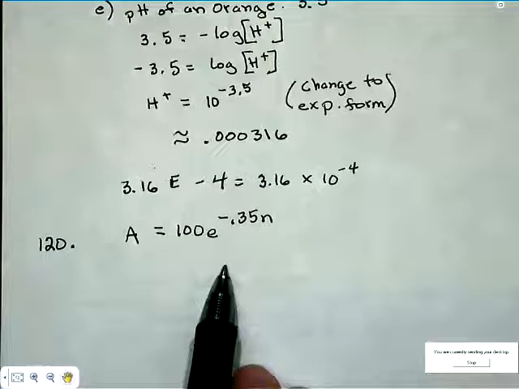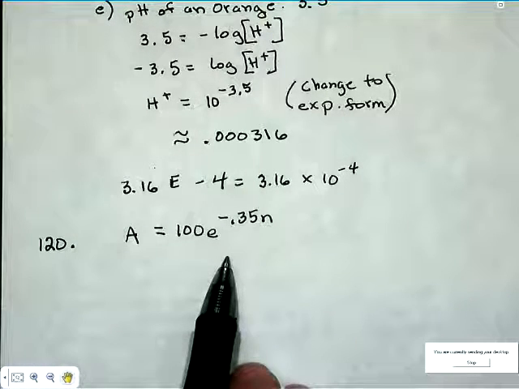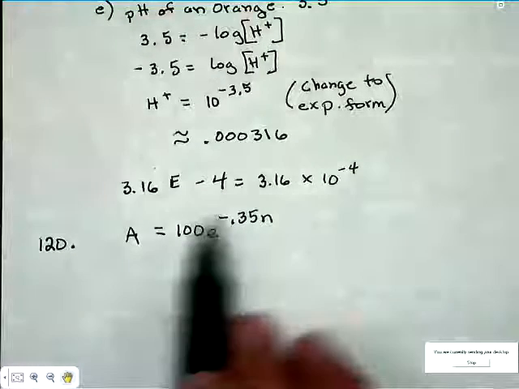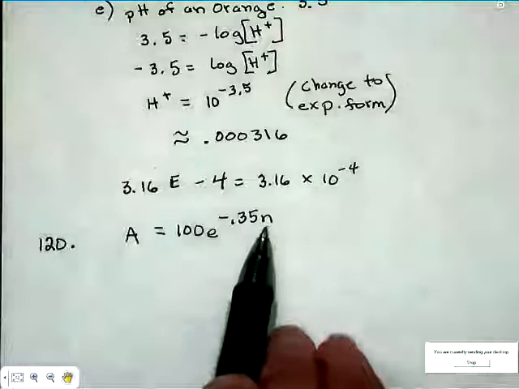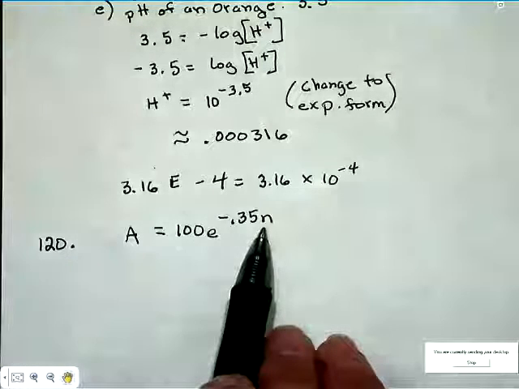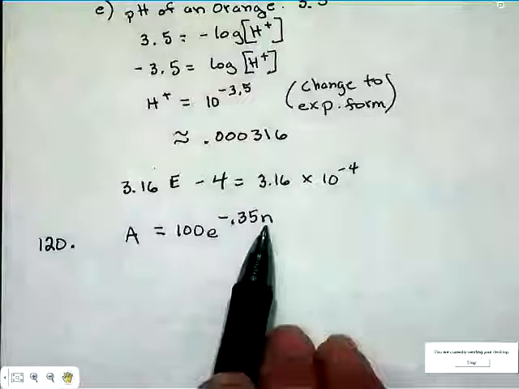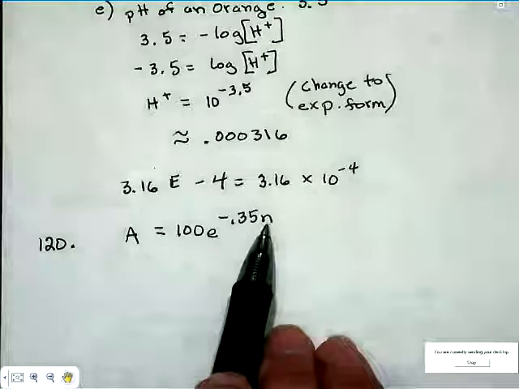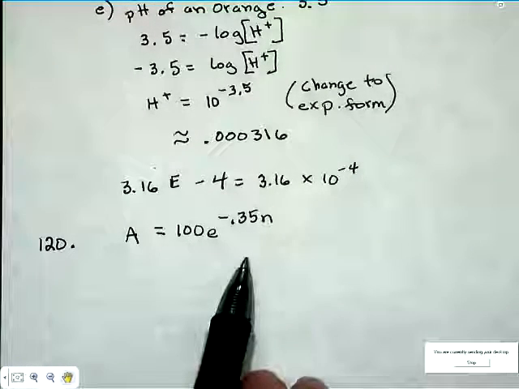Now that we know logarithms, though, instead of giving you the N, I can give you the A and ask you to find N. The A part of this problem says determine, if healing is taking place, after how many days will the wound be half of its original size?